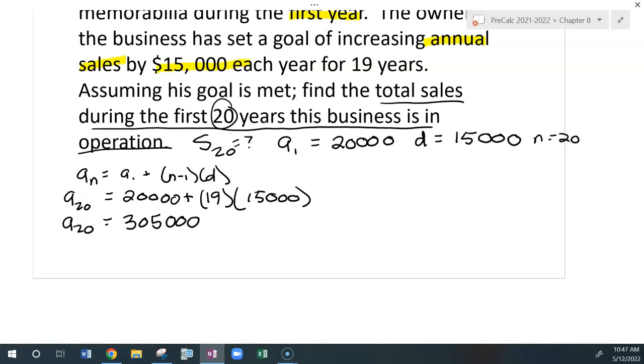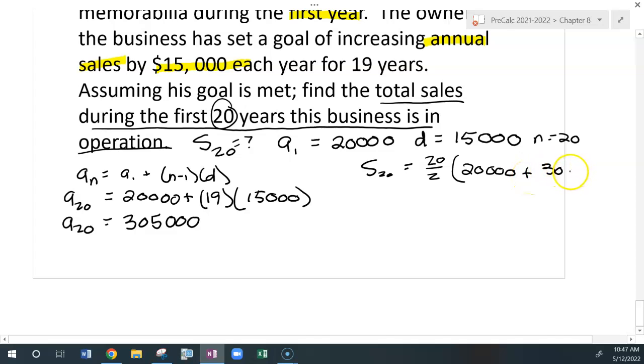All right. Now what we need to do is the summation. So S sub 20 is going to be, let's see, it's n over 2. So 20 over 2 times A sub 1, which is 20,000, plus 305,000.